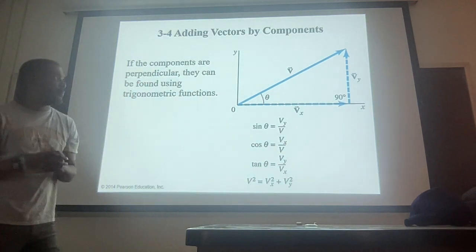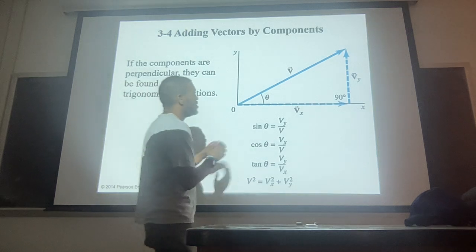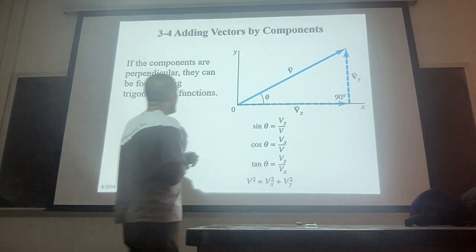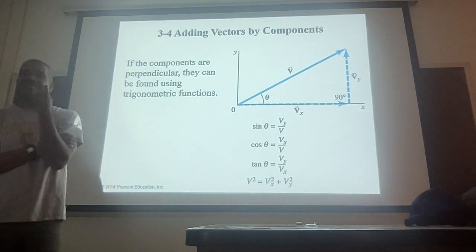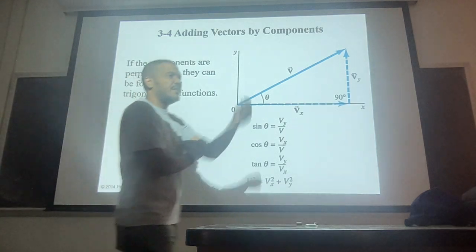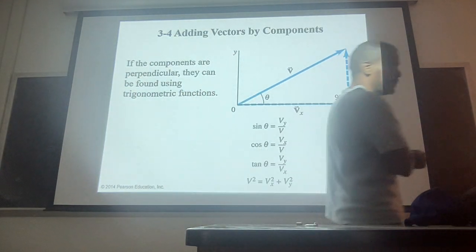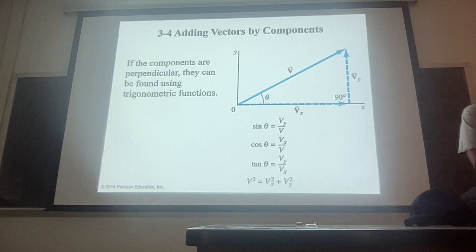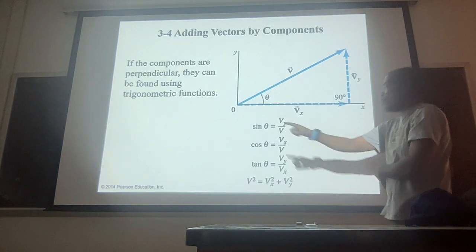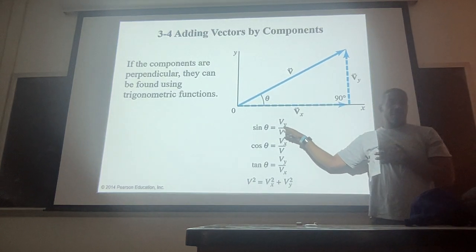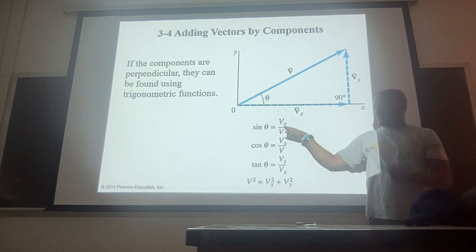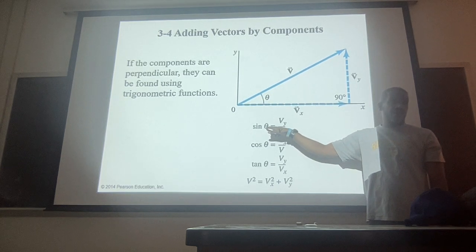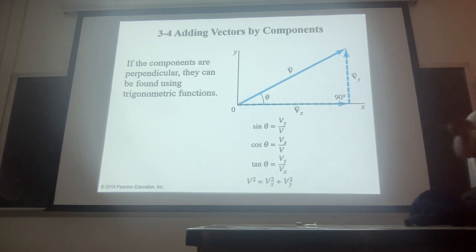So how do I find the components of my vector? My vector is made up of two components. An x component and a y component. How do I find my y component? In this case, it's by sine. Is it that way in every case? No. It depends on what angle we're talking about.